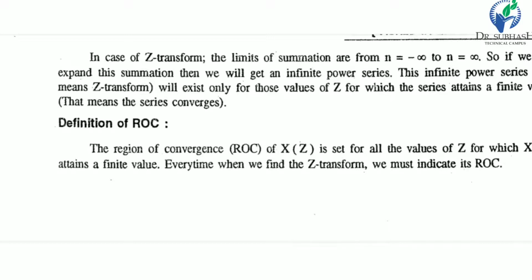So if we expand this summation, then we will get an infinite power series. This infinite power series, that means Z transform, will exist only for those values of Z for which the series attains a finite value. That means the series converges.